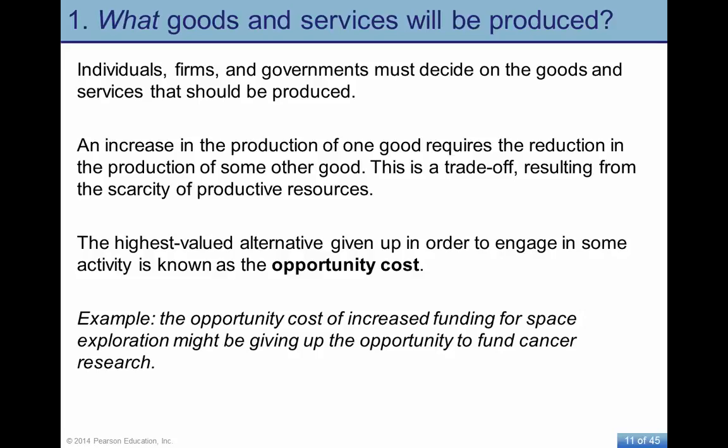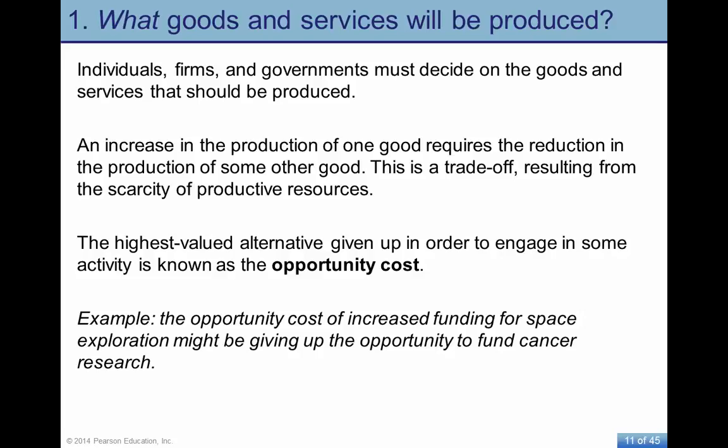Individuals, firms, and governments must decide on the goods and services that should be produced. An increase in the production of one good requires the reduction in the production of some other good. This is a trade-off resulting from the scarcity of productive resources.